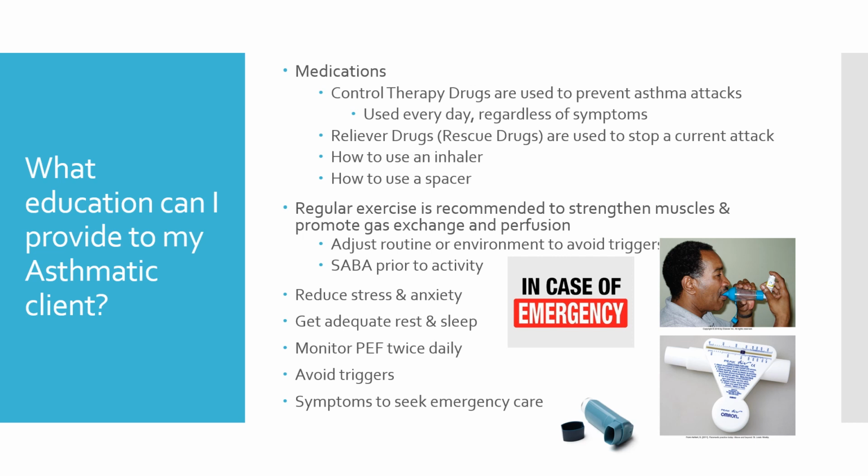But they actually still need to exercise. The issue is that they're being triggered because they're over-exercised, and so not pushing them is going to be the main key, not just don't let them exercise. So adjusting the routine or the environment may be necessary for these asthmatic clients, but not to avoid exercising. A short-acting beta agonist may also be needed prior to an activity as a preventative in these cases.